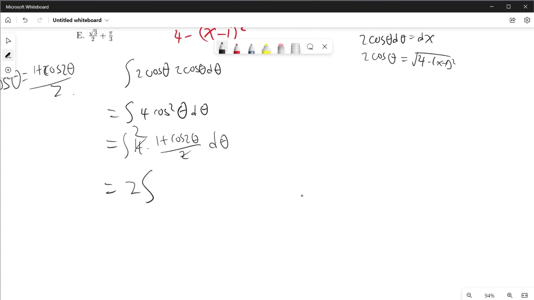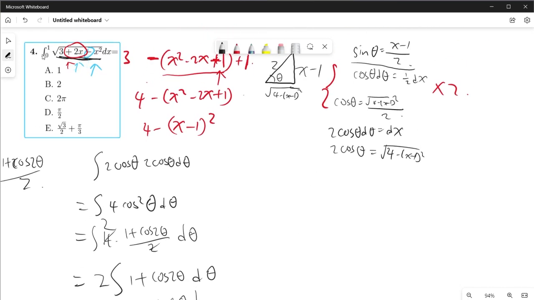It would just be 1 plus cosine 2 theta d theta. And then just integrate that. We have 2 theta plus sine 2 theta, because of the chain rule, this 2 outside cancels out with a half that comes from the chain rule of 2 theta. And now we can look at the limits of integration.